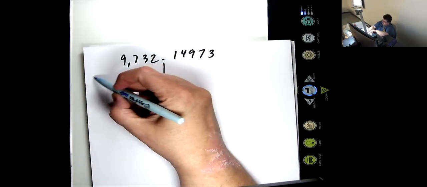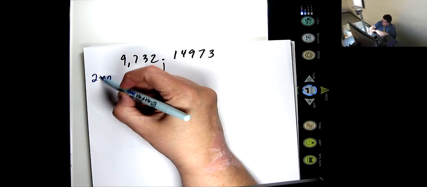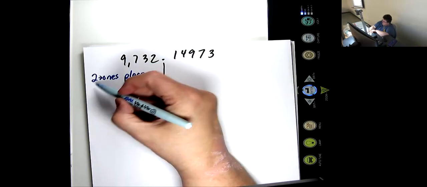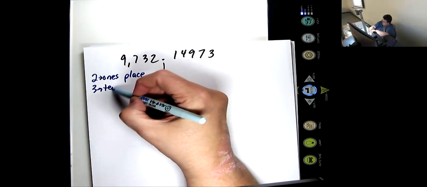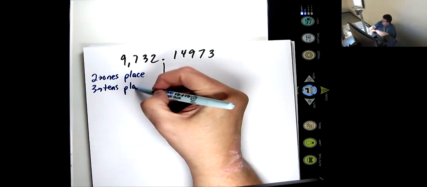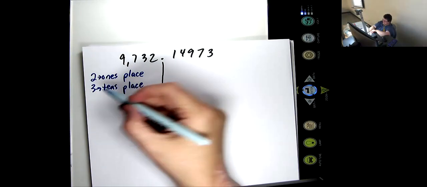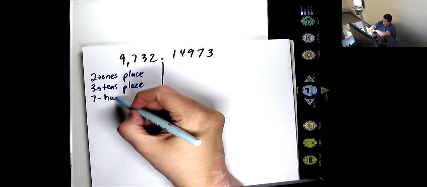The 2 is the ones place. The 3 is the tens place. Seven is hundreds place.